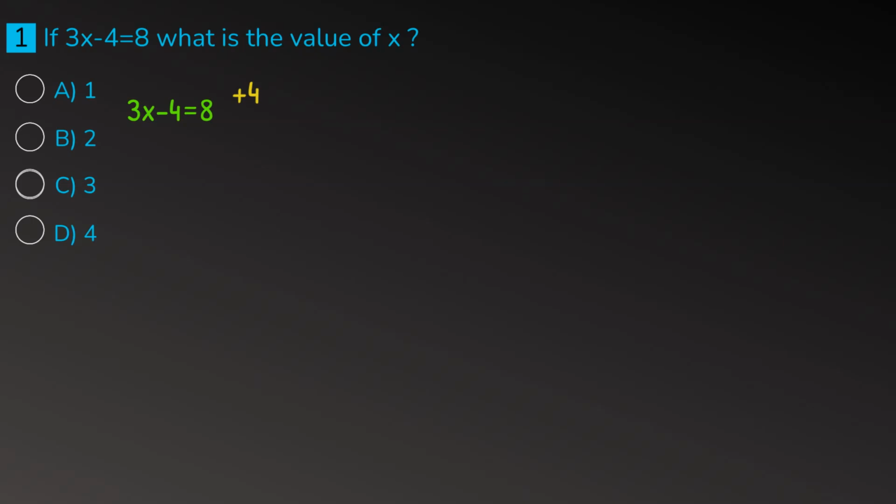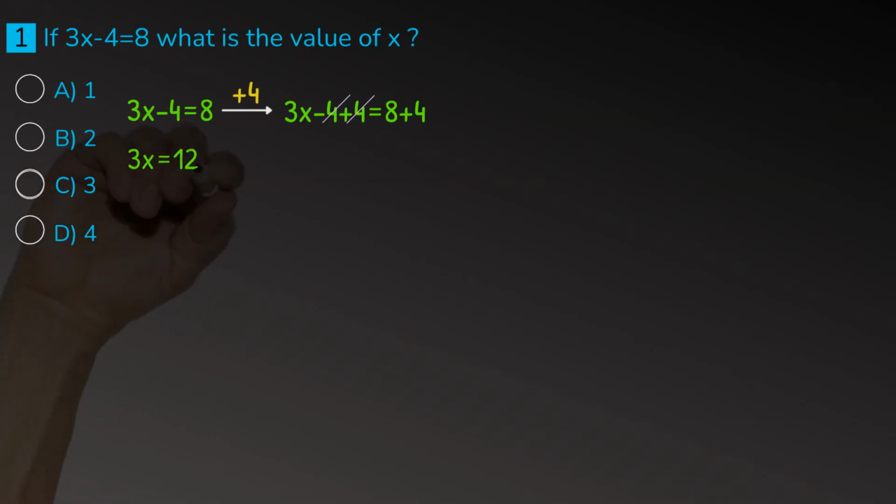However, we also have to add 4 to the right-hand side. So adding 4 means we have 3x minus 4 plus 4 is equal to 8 plus 4. Now the minus 4 and the plus 4 cancel out on the left-hand side, and 8 plus 4 is equal to 12. So we now have 3x equals 12.